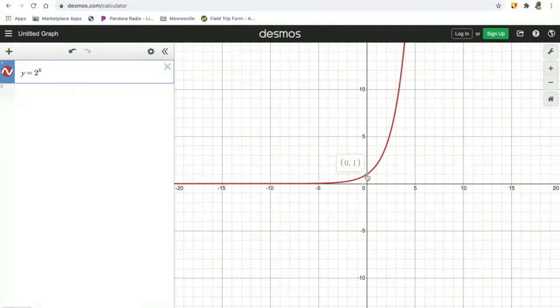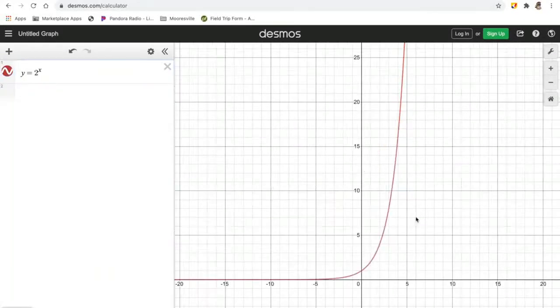And you can see that the y-intercept is at 0, 1. And exponential equations, when somebody says something increases exponentially, this is what they're talking about. This graph gets very big very quickly. In other words, as we plug in larger and larger x values, this graph gets big very fast.